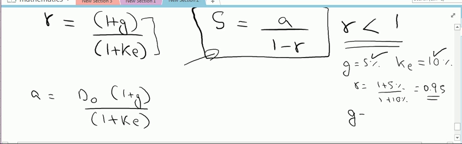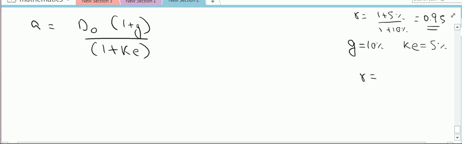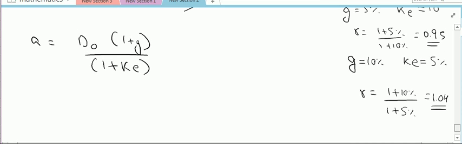But what if my growth rate is 10% and my ke is 5%? R will be 1 plus 10% divided by 1 plus 5%, so 1.1 divided by 1.05, which is 1.04. There can be no sum if r is greater than 1.